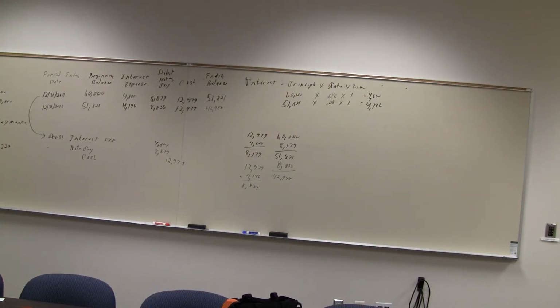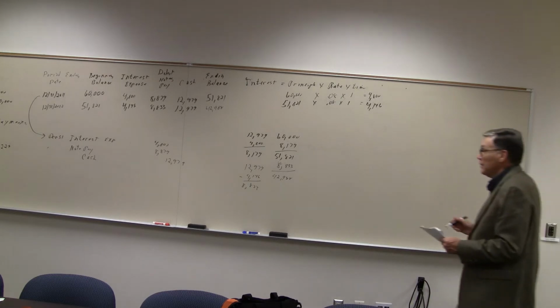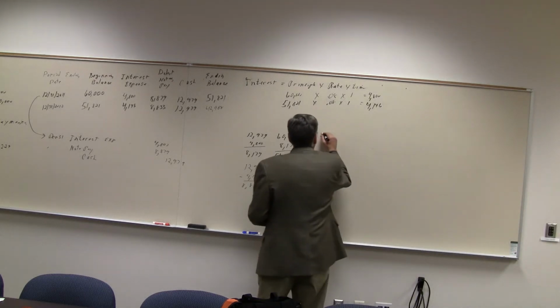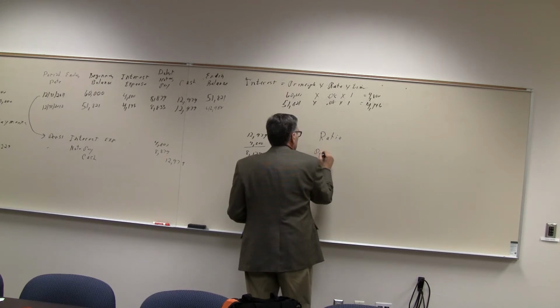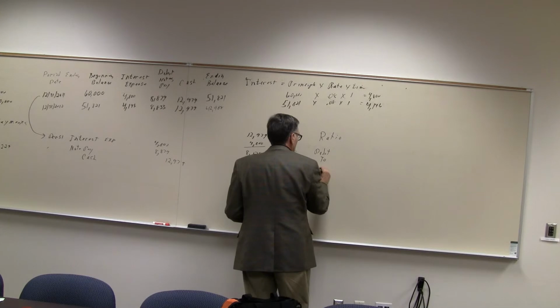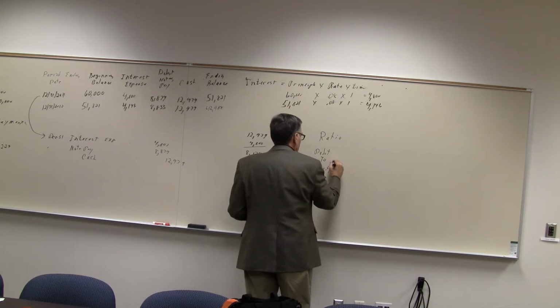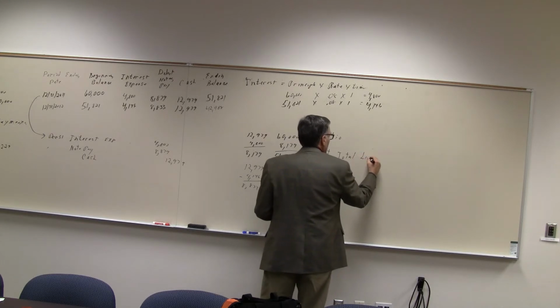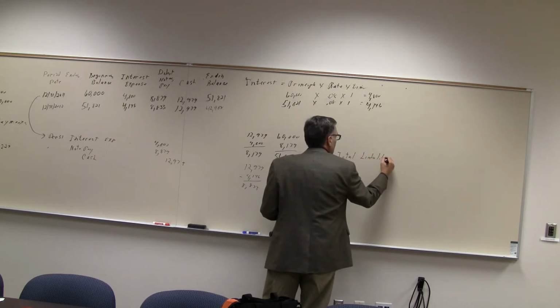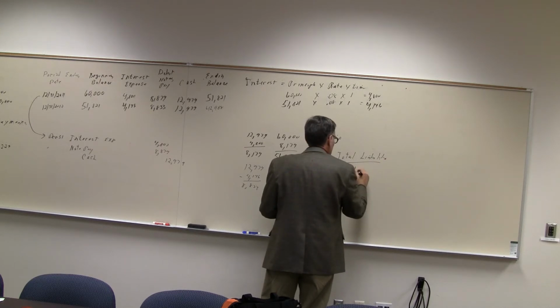So, one, the ratio in this chapter is the debt to equity. And that equals total liability divided by total equity.